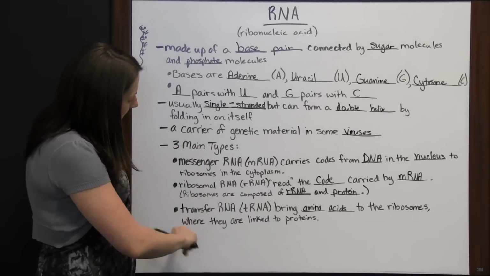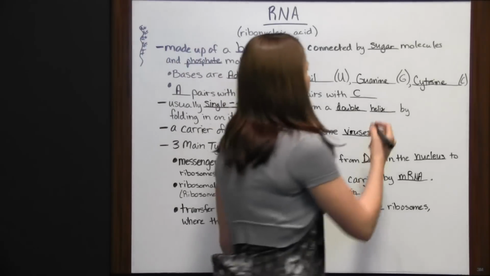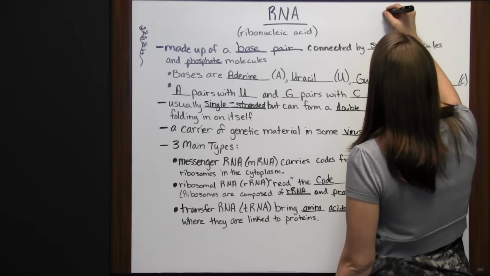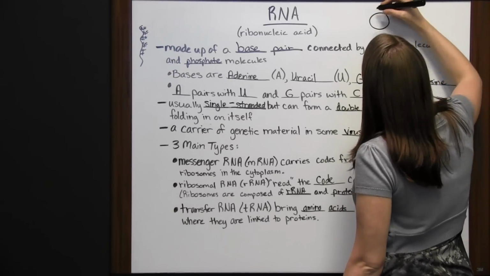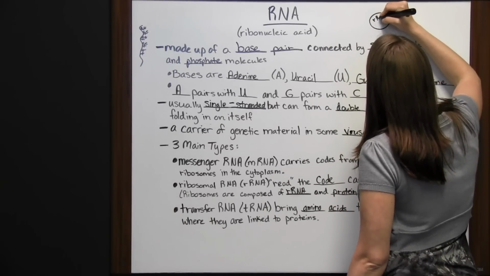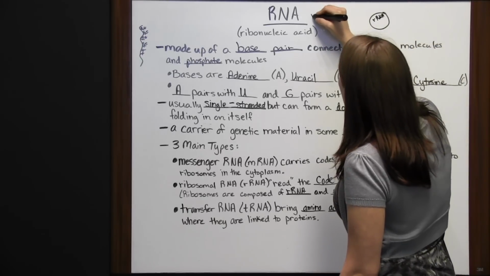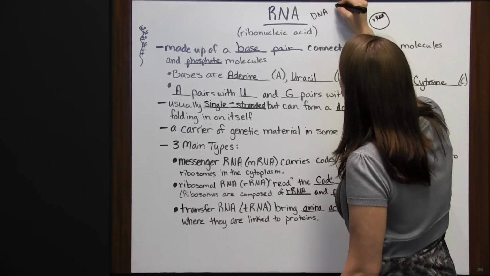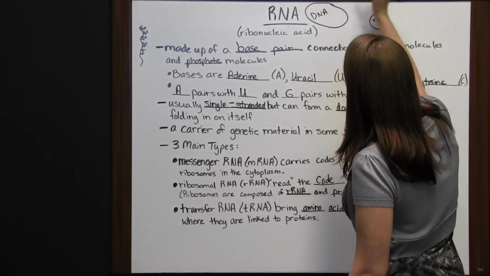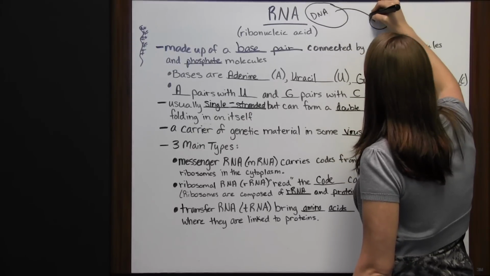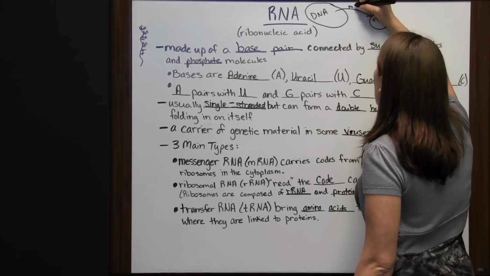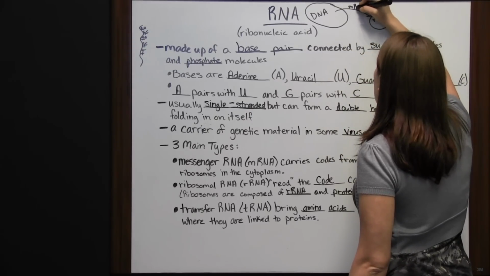So let me show you what this might look like. Let's say we've got our ribosome, and you've got your ribosomal RNA in here. Then you've got DNA in the nucleus over here, and it's going to get transferred to RNA via the messenger RNA.